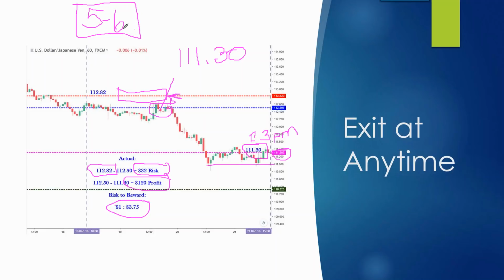So if you're trading forex, and between this time, let's say between 5 to 6 p.m., it came down here and hit 110.32, then that trade would have been exited, okay? Because forex will still move between this time period.